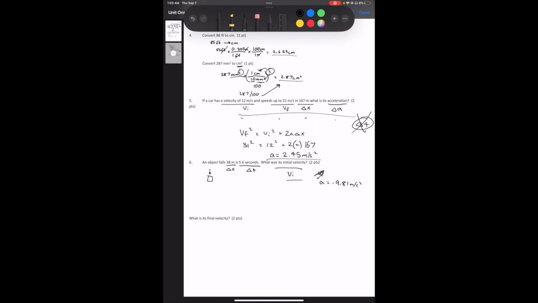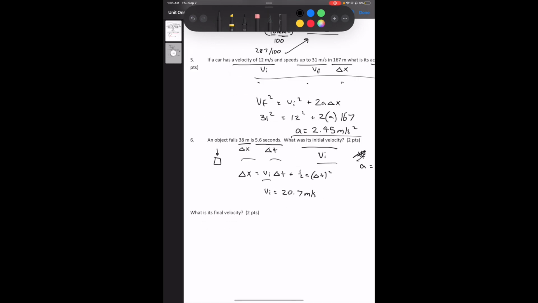We do have an initial velocity, time, and displacement. And luckily there is an equation with those terms. And I'll go ahead and write that here. And if we plug everything in and solve for our initial velocity, do some algebra, we get that our initial velocity is 20.7 meters per second.